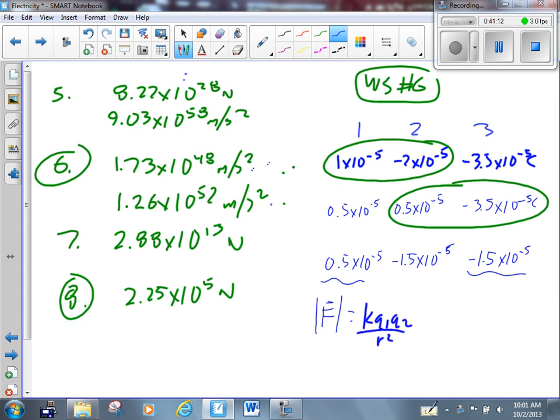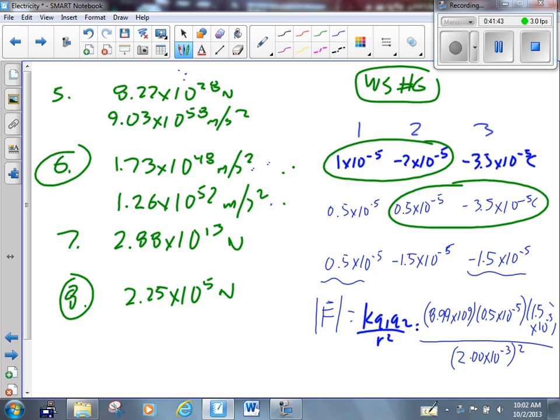That's going to be 8.99 times 10 to the 9 times 0.5 times 10 to the minus 5 times 1.5. Remember, we're dropping the sign of the charge now. Times 10 to the minus 5. And divide that by the distance that separates them, which is 2.00 times 10 to the minus 3. Don't forget to square that.